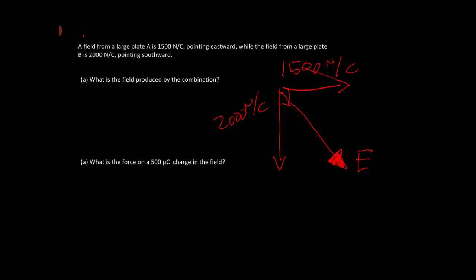Okay, so that seems pretty reasonable to me. And the way we do this is because it adds vectorially. We add 1,500 newtons per coulomb squared plus 2,000 newtons per coulomb squared. And that's all we really need to do.